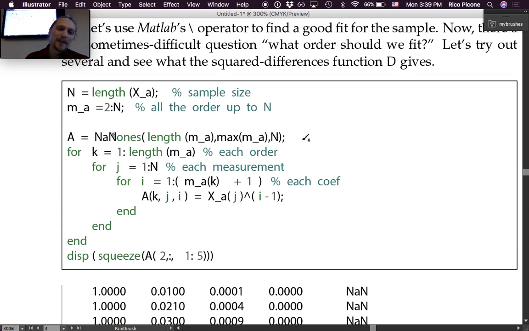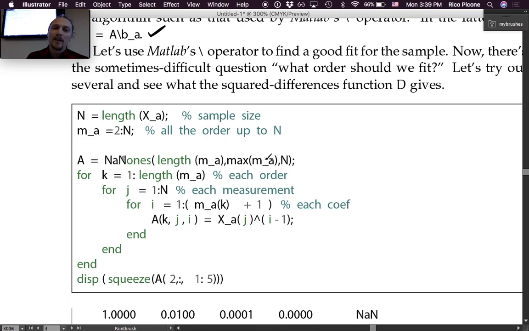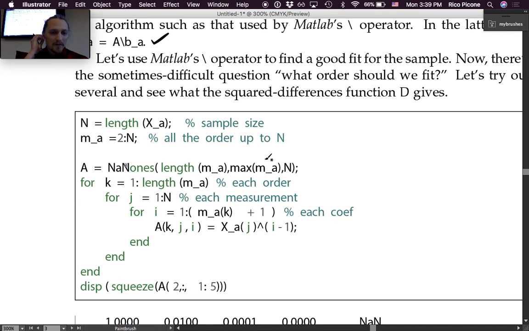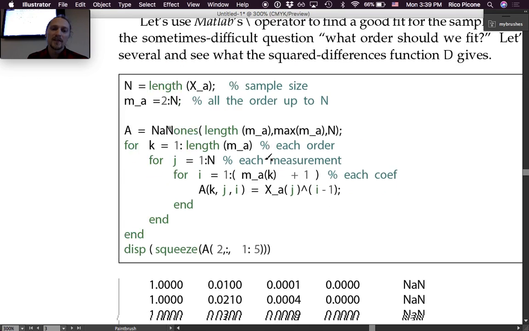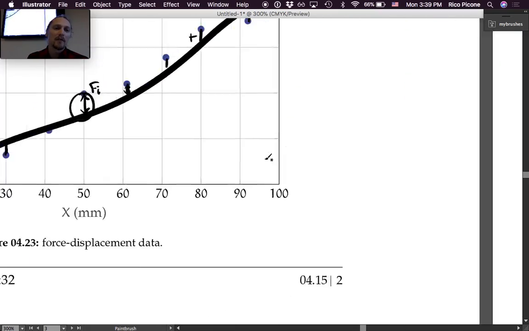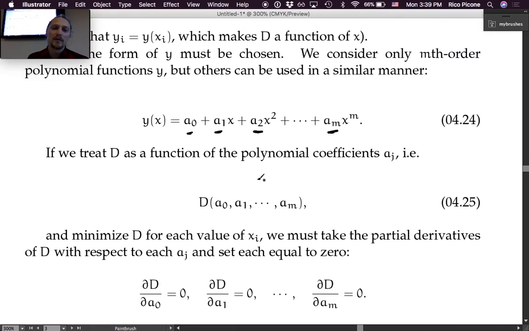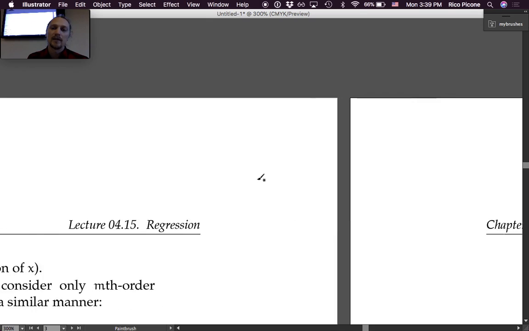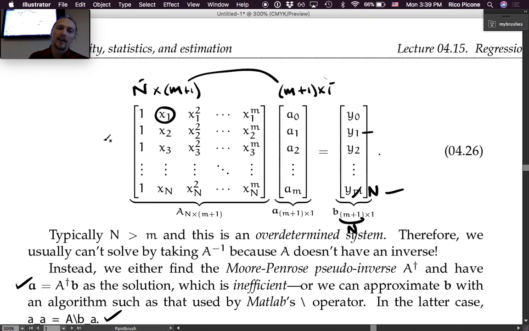Apologies for making this look a little scarier than it is, but essentially I'm just computing what my A matrix is. This is not the same A matrix from system dynamics, by the way. A is just a common thing to use as a matrix.